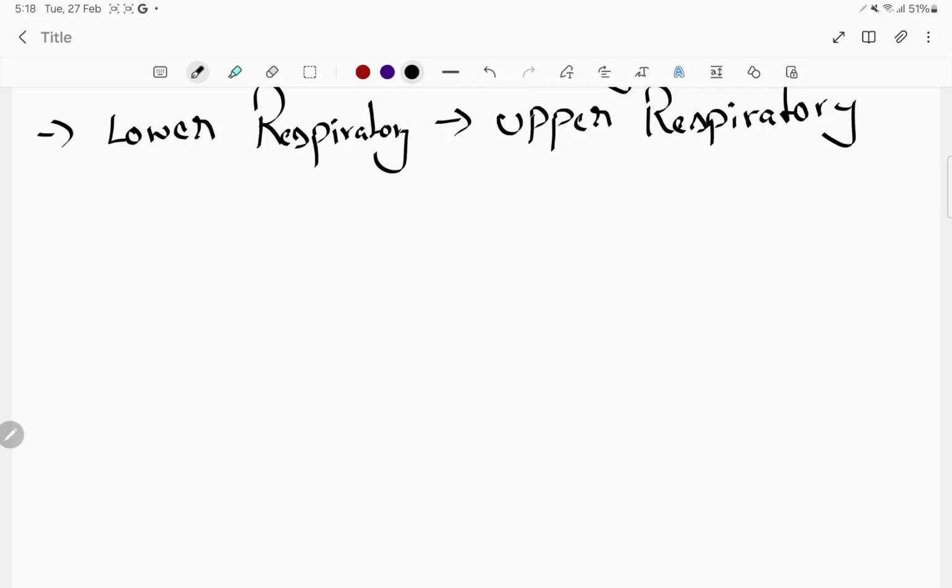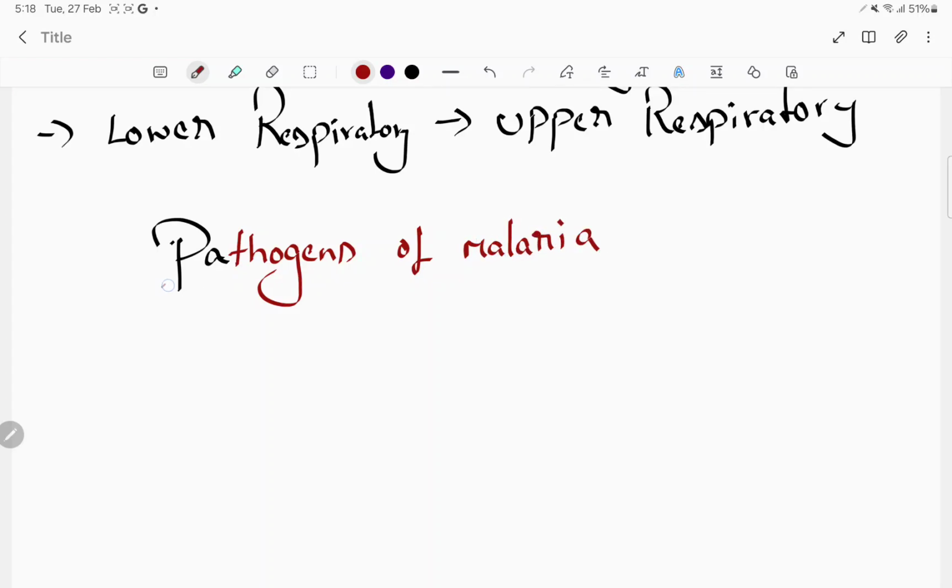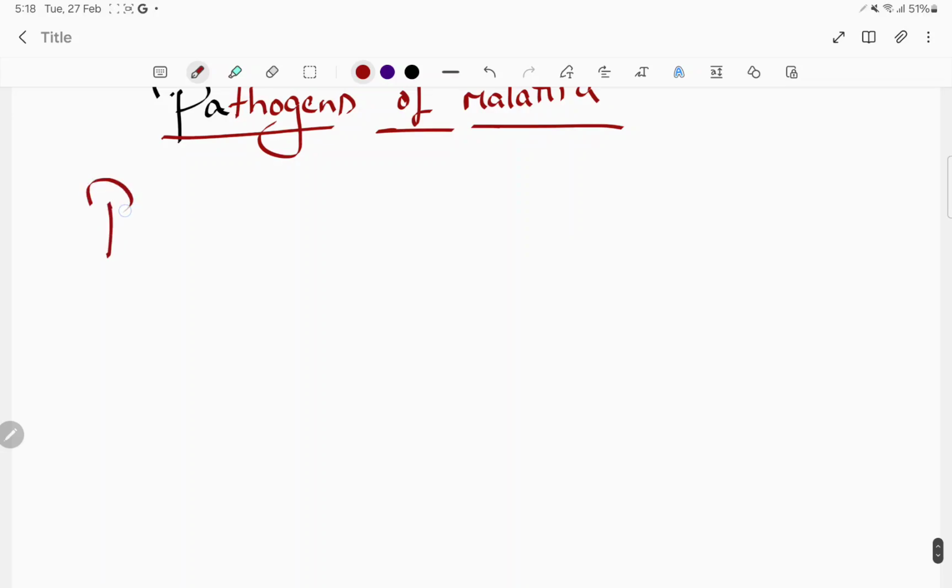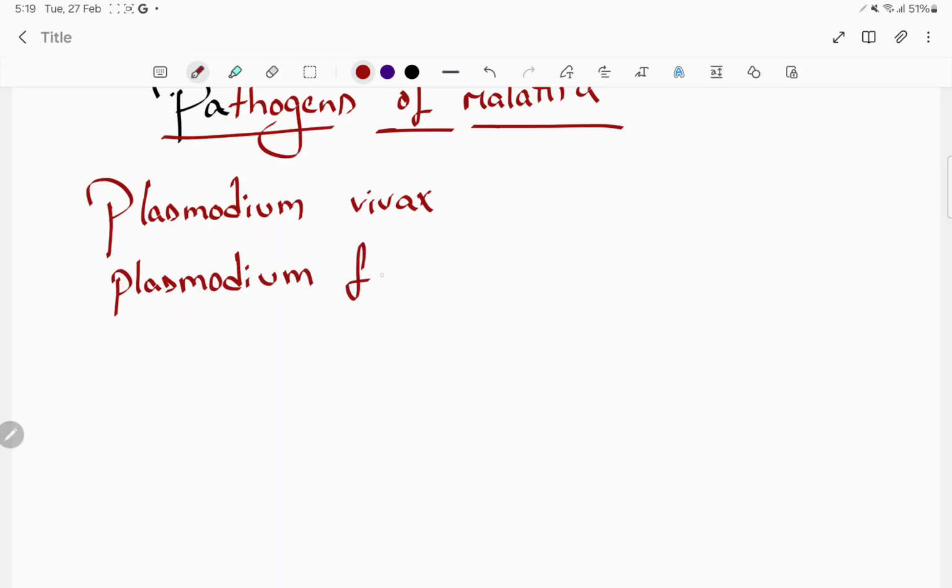Next, we have the pathogens of malaria. The pathogens of malaria are Plasmodium vivax, Plasmodium falciparum, Plasmodium ovale, Plasmodium malariae.